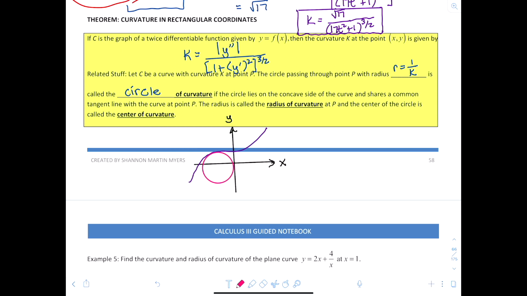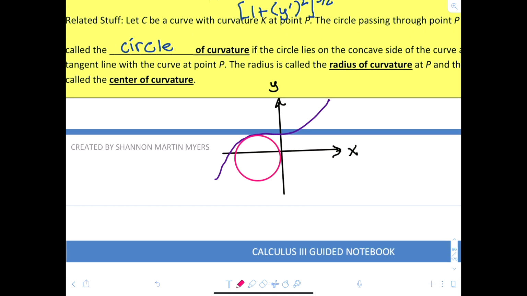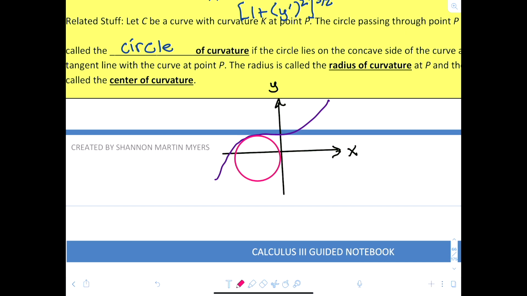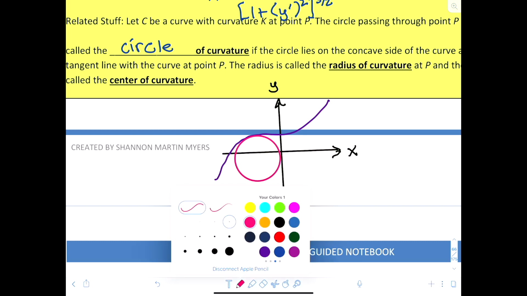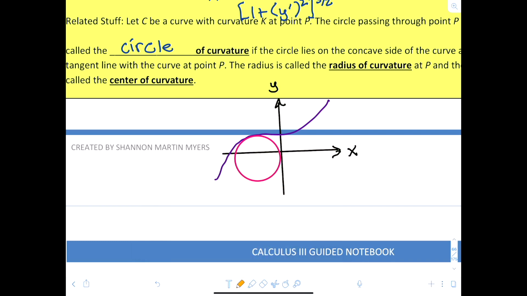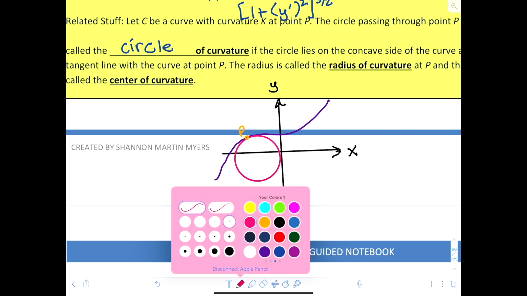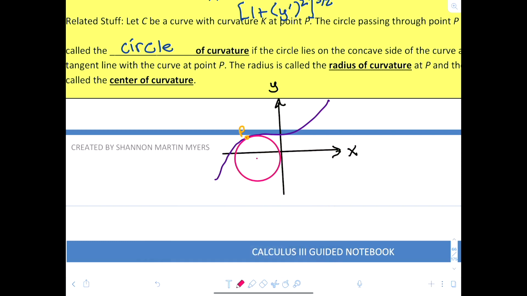Okay. So you've got this circle of curvature, right? And let's suppose that this here is our point P, and the center of our circle is about here.